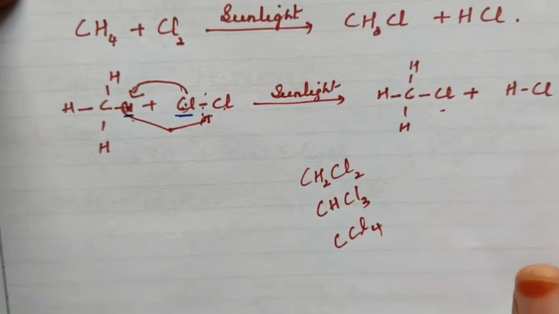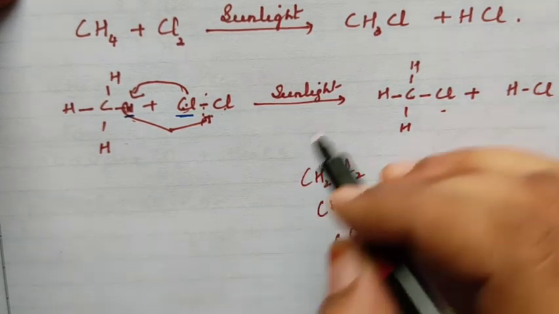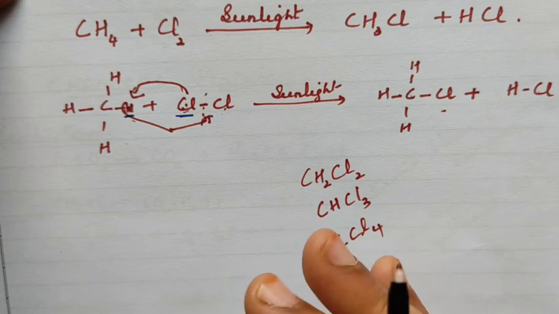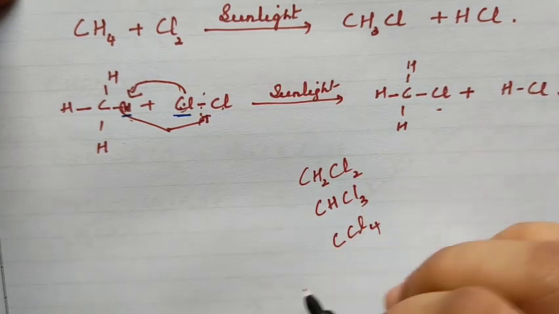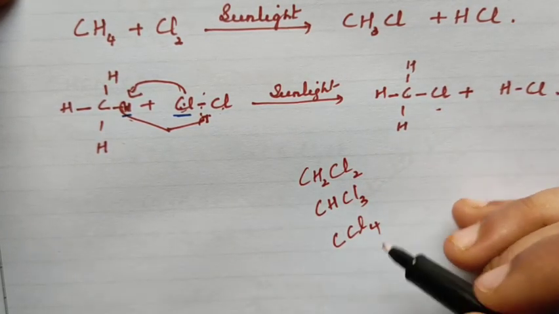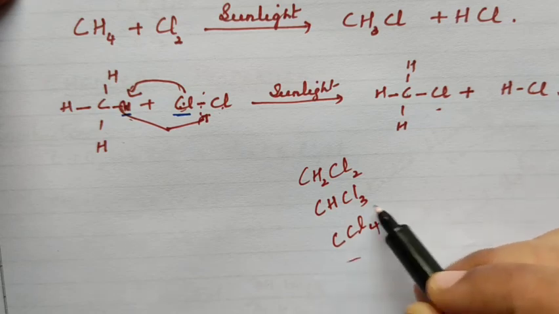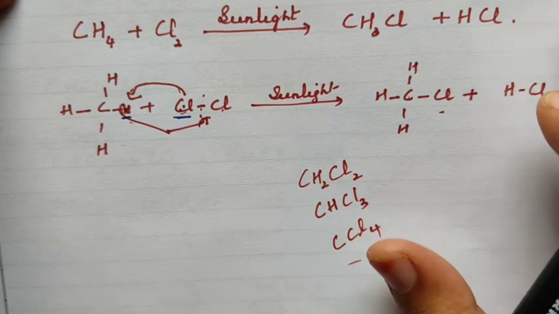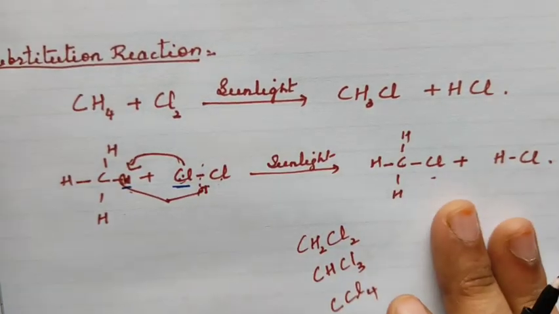So this will be the last one. Till all the hydrogens are separated and substituted by chlorine, this chain will go on continuing, and finally when all the hydrogens are replaced by chlorine, they are going to leave it aside. That is how your substitution reaction occurs.